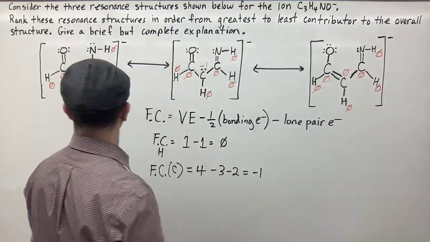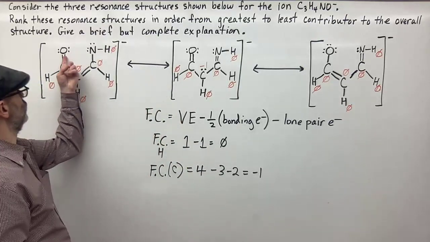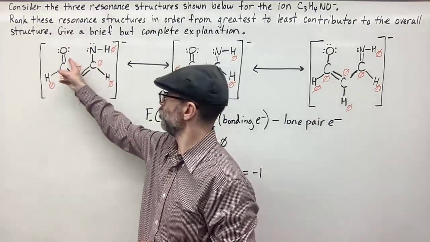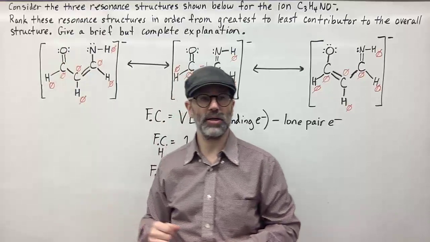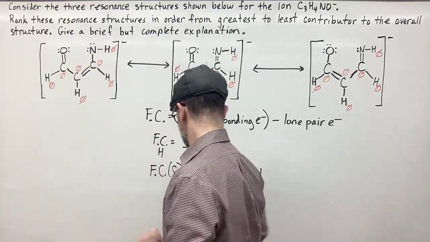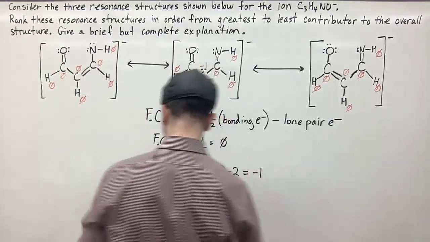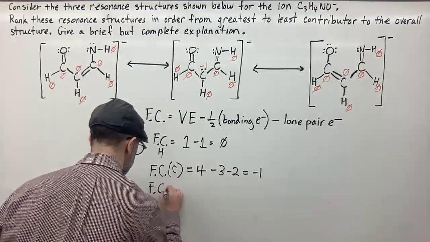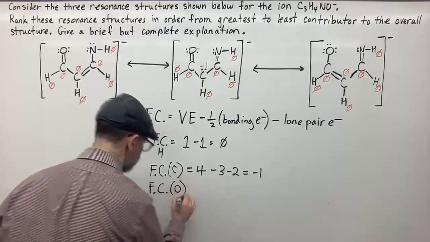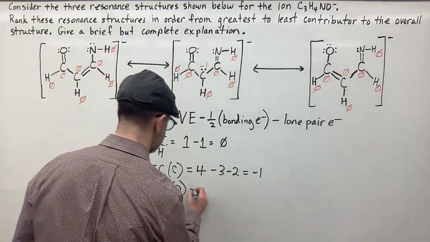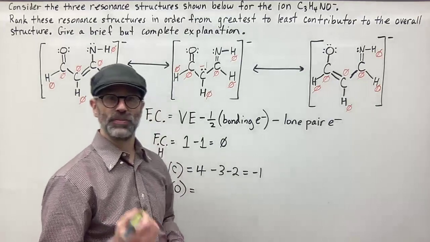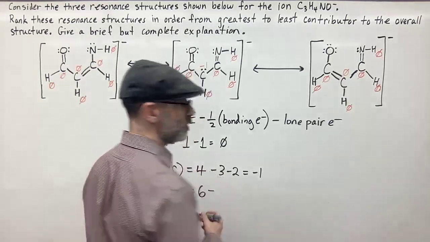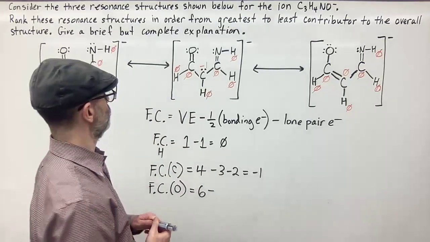Okay. Now, what about the oxygen? So oxygen here has 2 bonds and 2 lone pairs. So if you want to find the formal charge for oxygen, oxygen is in group 6, so it has 6 valence electrons. We're going to subtract out 1 electron for each bond.